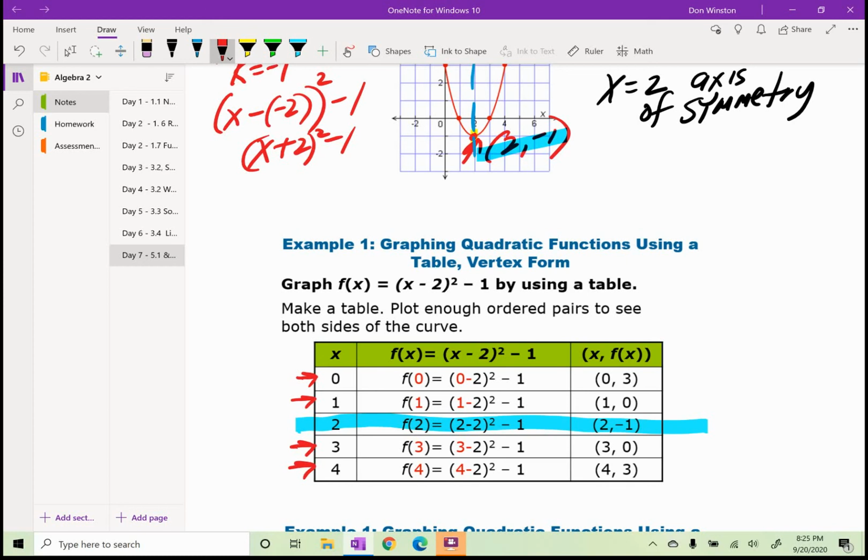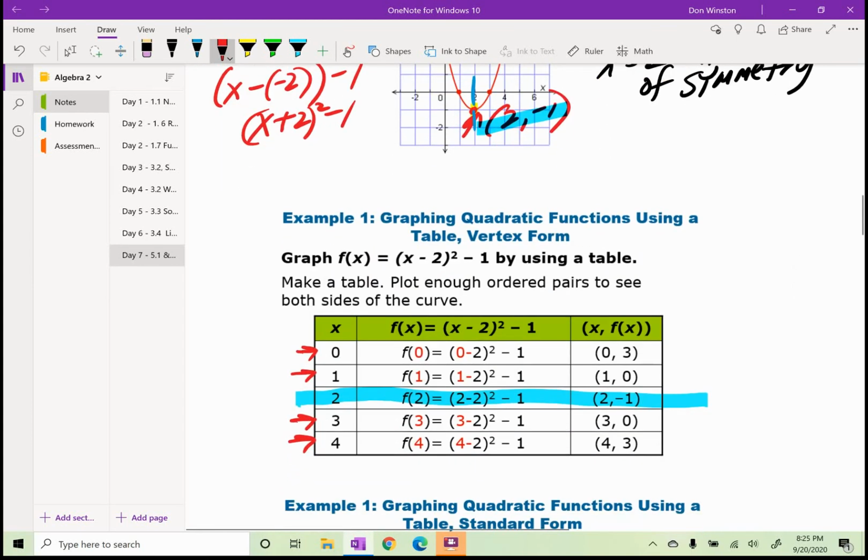So as you see, when x is 0, you get y is 3. When x is 1, you get y is 0. We already know the vertex. And then when x is 3, you get y is 0. And when x is 4, you get y is 3. Now, again, I think I mentioned that this graph has symmetry, axis of symmetry. And you can certainly see that in the table. Okay?